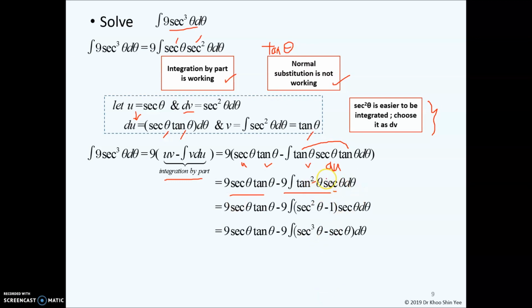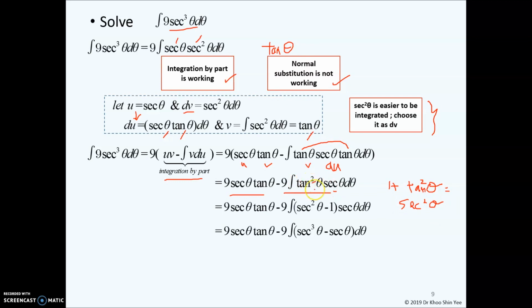From here, tangent squared angle and secant angle look complicated, so we try to use the identity where you should know that 1 plus tangent squared angle is equal to secant squared angle.